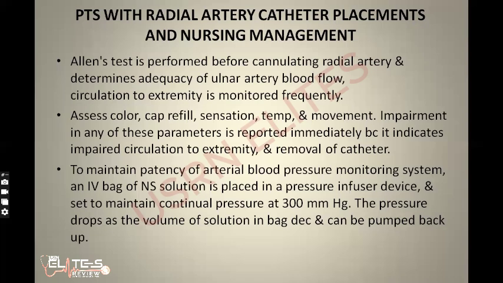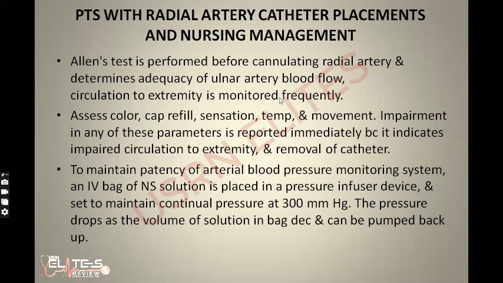It is something we treat when we are doing EBGs, but I'll not talk about it in a deep way. Allen's test is performed before cannulating the radial artery and determines adequacy of the ulnar artery blood flow to the extremity.